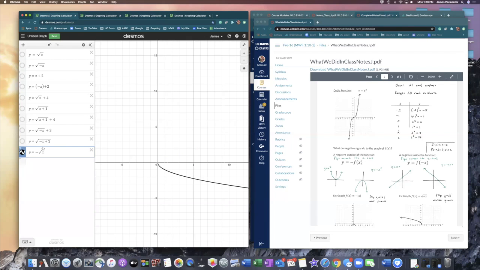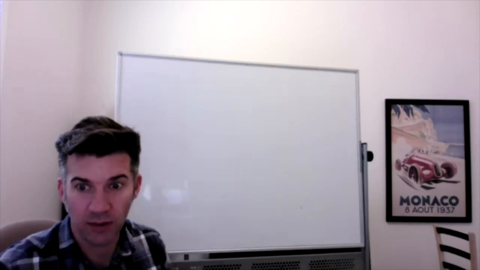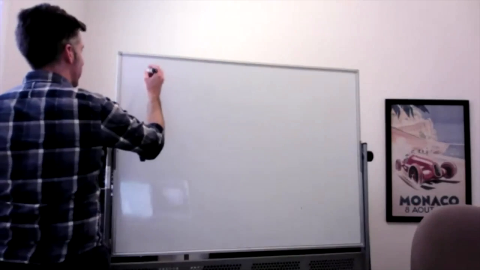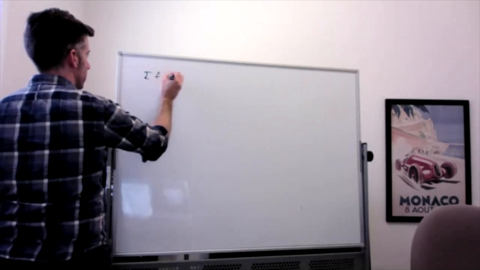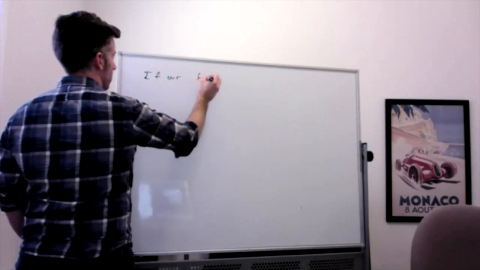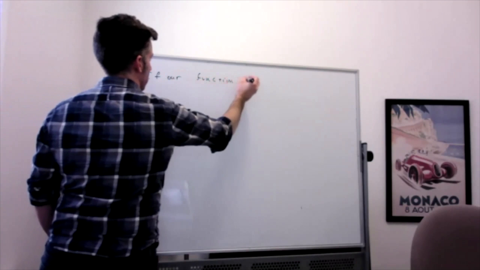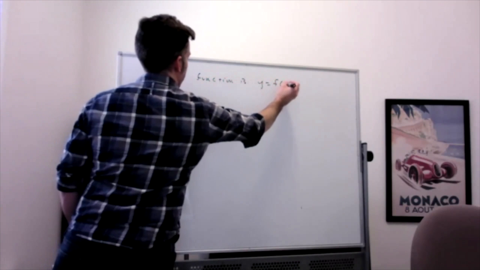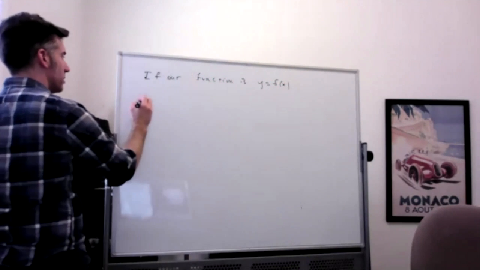So here's what I really want to say. I want to stop sharing to write some stuff down. So if our function is y equals f of x, then here's what happens.